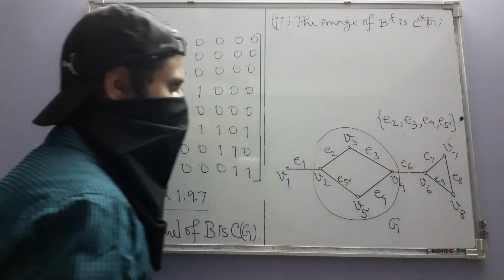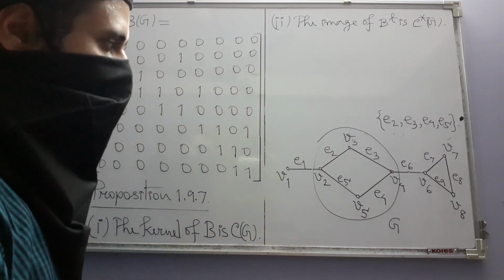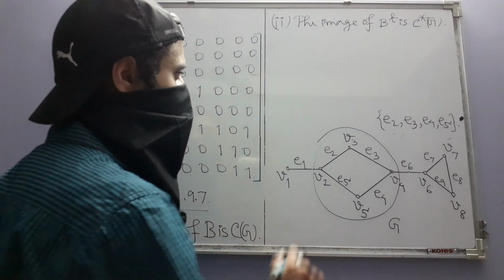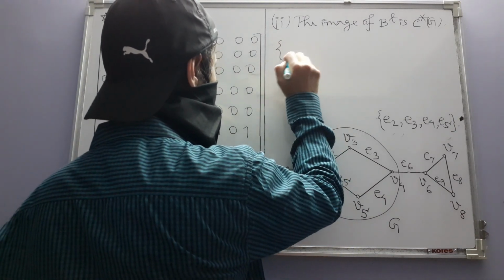Now if you express this as a linear combination of the basis vectors in the edge space, then that linear combination looks like this.